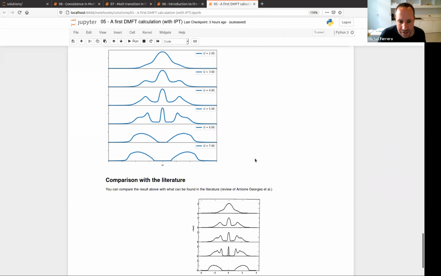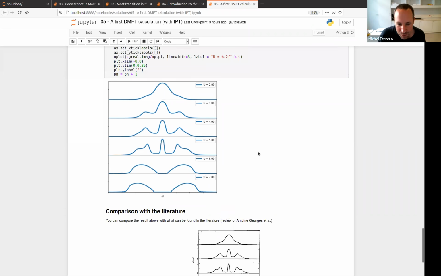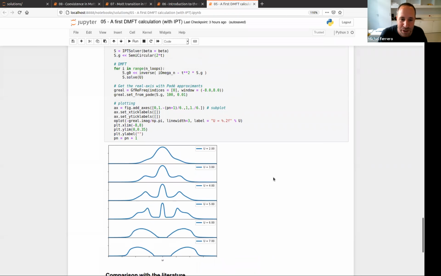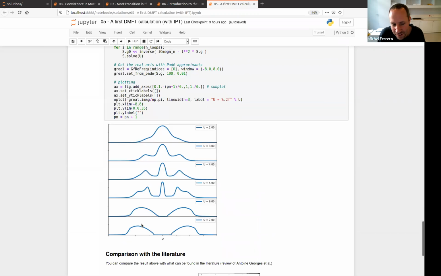Now, is this captured by perturbation theory? The answer is no. In principle, it's actually quite surprising that perturbation theory can describe this so well, and it's actually by pure accident.